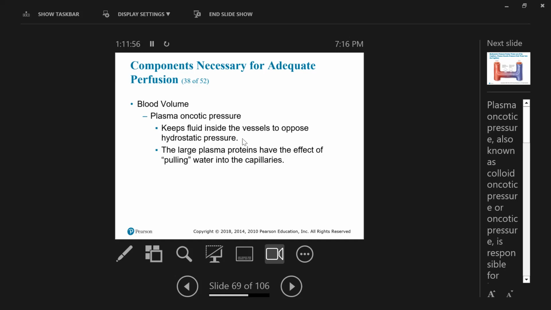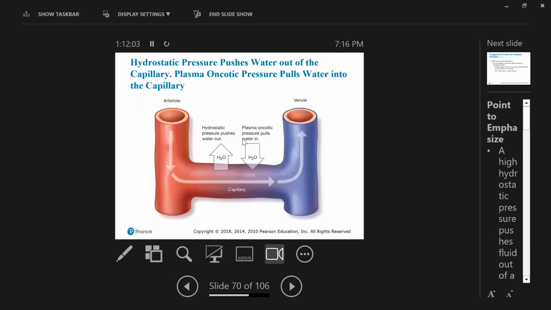They tend to lose blood pressure. Large plasma proteins have an effect of pulling water into the capillaries. So if you see the first one about H2O leaving the body, you have hydrostatic pressure because the pressure is very high. Then you have the oncotic pressure sucking the blood back into it.